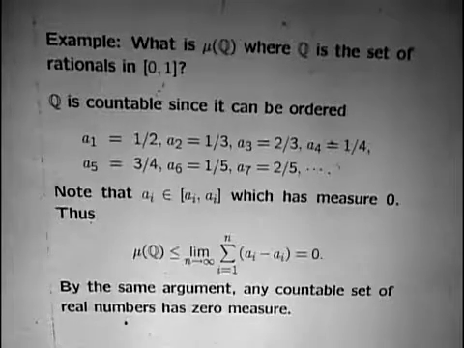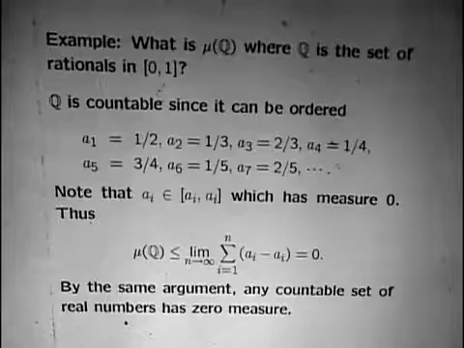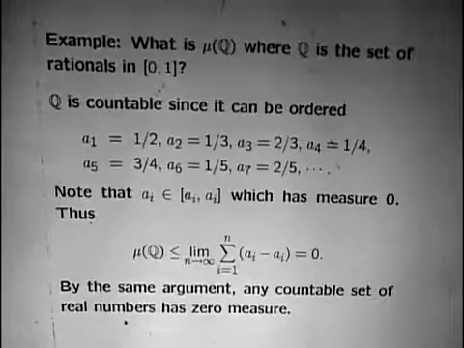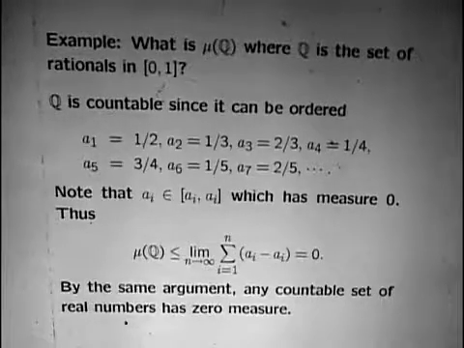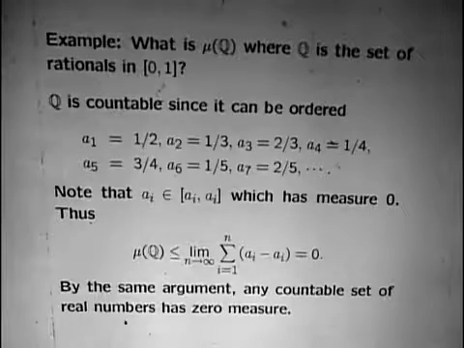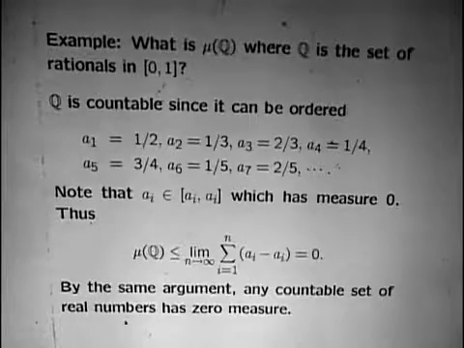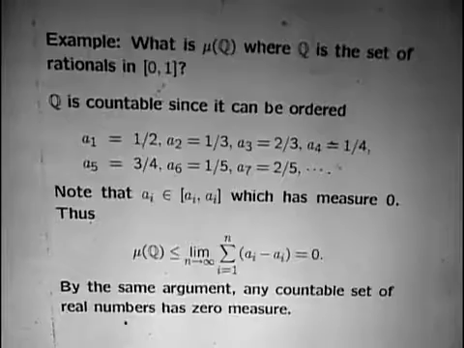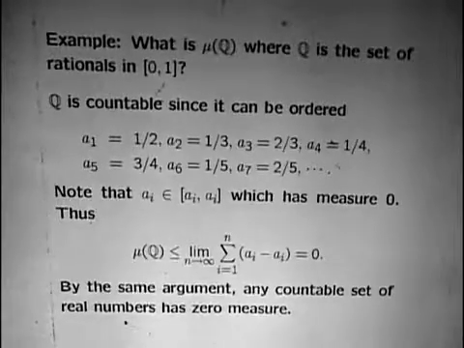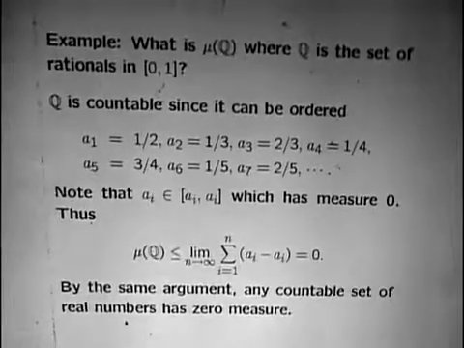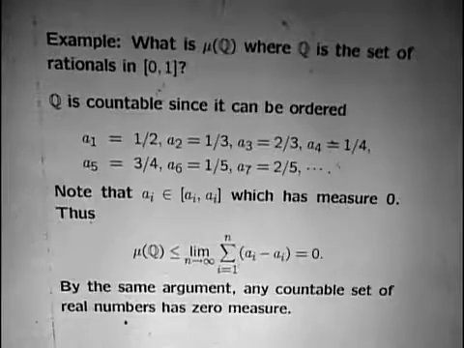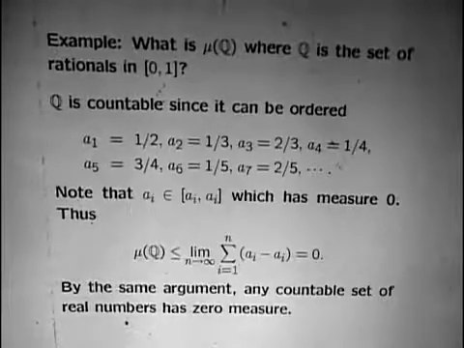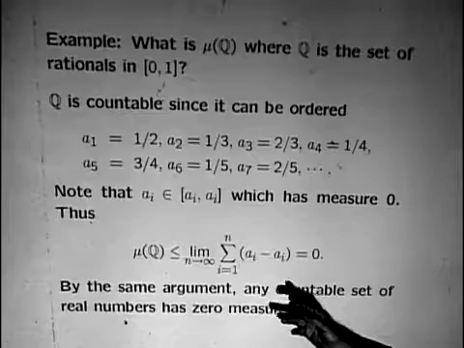And then I'm going to add up all of those things. Whenever you add up an infinite number of things, you really have to add up a finite number of them and then look at what happens when you go to the limit. So I add up all of these zeros, and when I add up n of them, I get 0. I continue to add zeros, I continue to have 0, and the limit is 0.